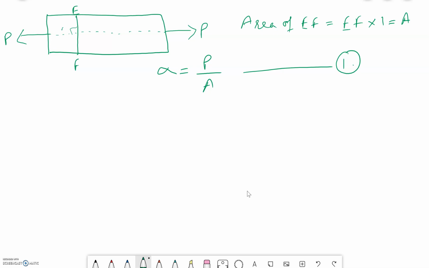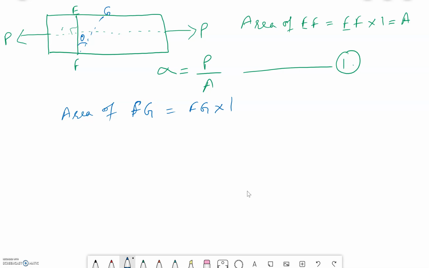Now consider another section, FG, at an angle. Let me change the color of the pencil. Let us consider the plane FG at an angle theta. Now, area of this section will be similarly FG times 1.